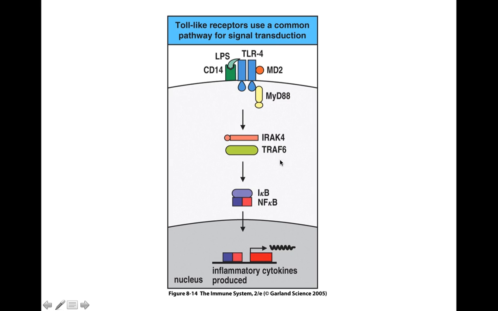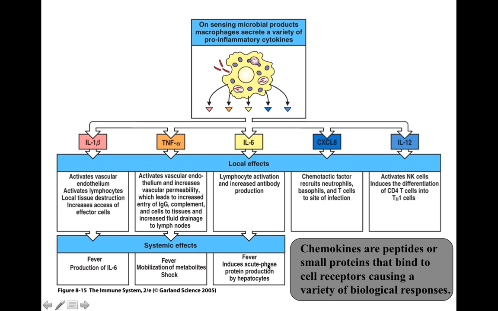Basically signals are sent, transcription factors are activated, and that leads to inflammatory cytokine production, such as interferon alpha, beta. And so this is how this works. This is why it's so potent, because they have a signal that goes through and then activates those cytokines for release.